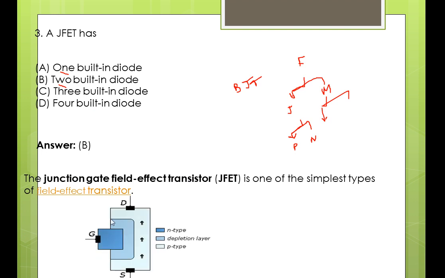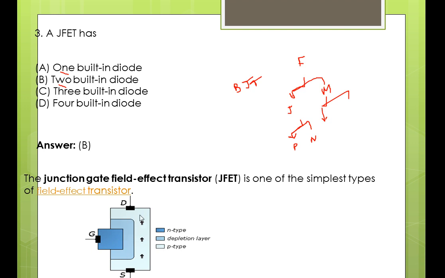If you observe the symbol, the terminals are drain, gate and source. So here, for example, the gate is N type, and here this is P type.